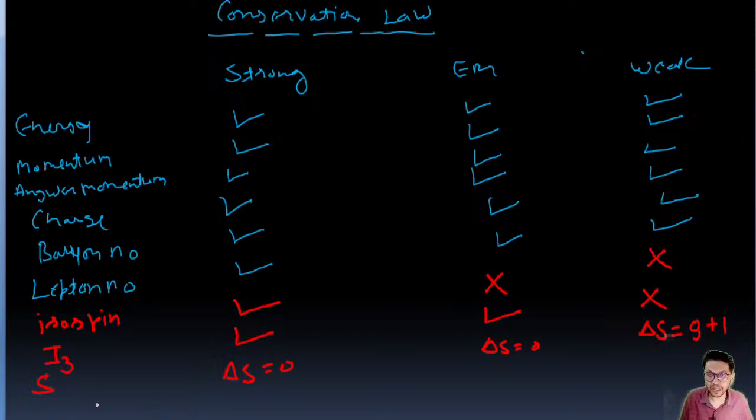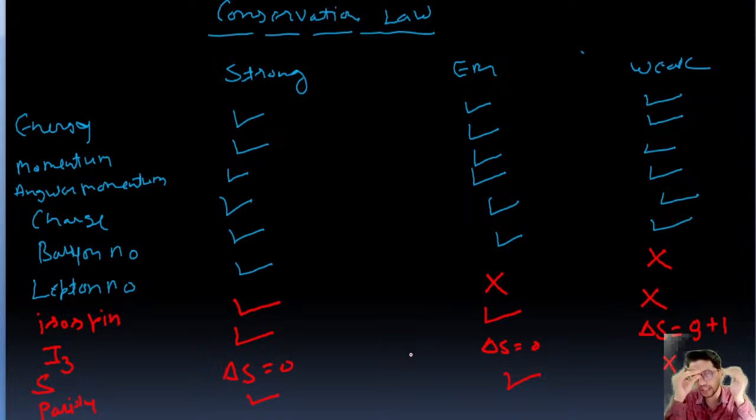If you talk about parity, this should be conserved, this should be conserved, and this should not be conserved. This chart is very important to identify whether a reaction is made of strong interaction, electromagnetic interaction, or weak interaction.